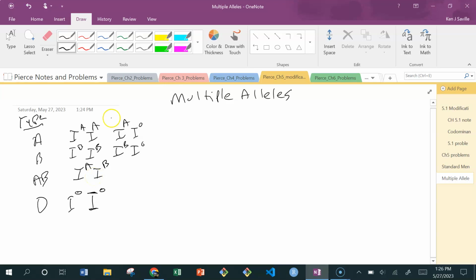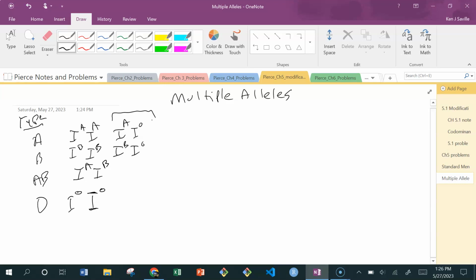So in this case, when we're heterozygous for A and O, we get type A. When we're heterozygous for B and O, we get type B. That means that O is recessive to A and O is recessive to B. And so the only way to get type O blood is if you get two O alleles.